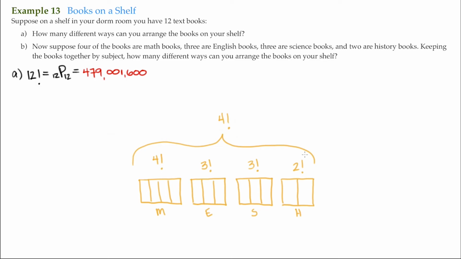So if we have all these different factorials here, then we just use the fundamental counting principle. And for B, we'll have 4 factorial, which is 24. 4 times 3 times 2 times 1, times 4 factorial, times 3 factorial, times 3 factorial, times 2 factorial. 24 times 24 times 6 times 6 times 2.